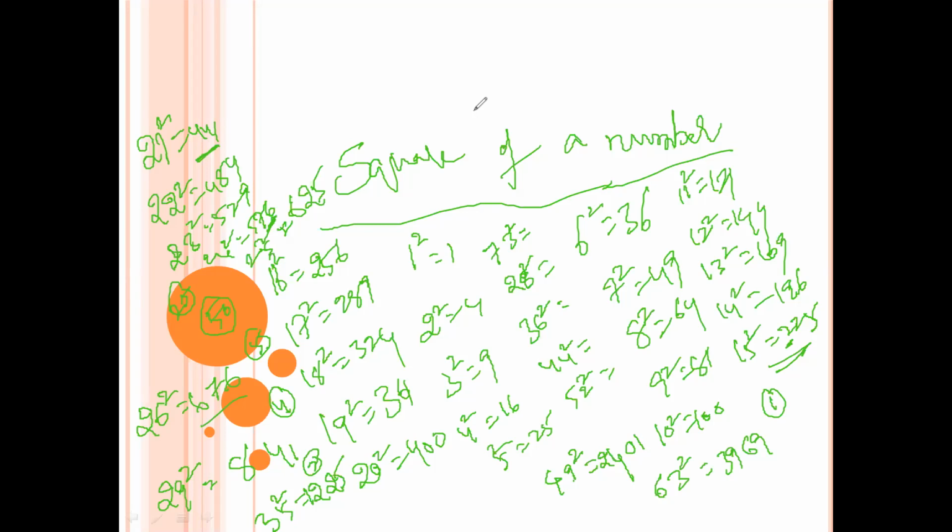Do that one. 73 square, 5329. Okay. 28 square, 784. Okay. Very good.